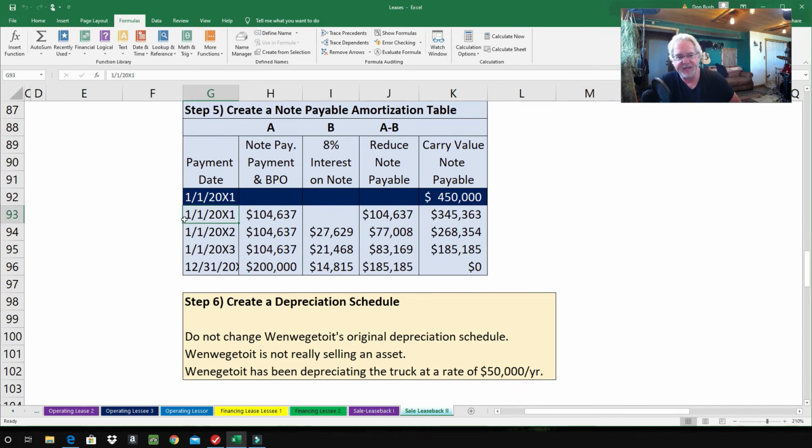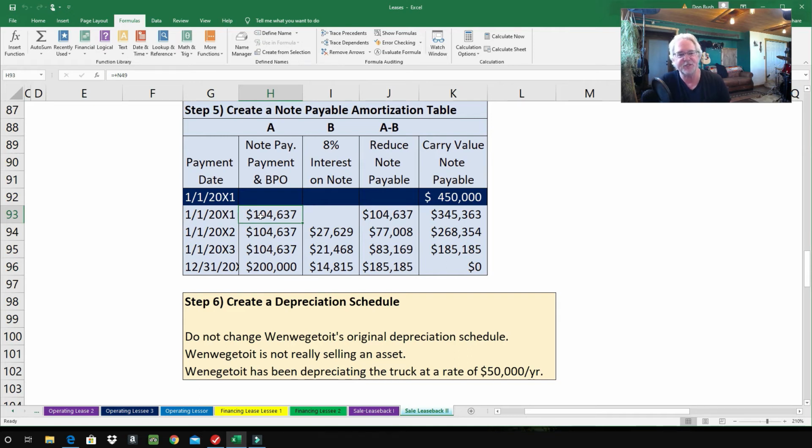On the day the lease is signed, January 1st, 2001, the same date as the date right up above, when we get to a construction, it has to make our payment right away. So they receive $450,000, and right away in the next minute or so they have to make a payment of $104,637.